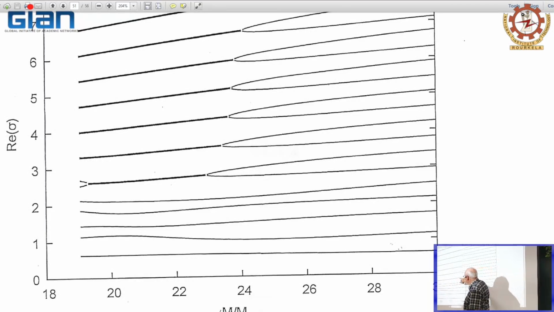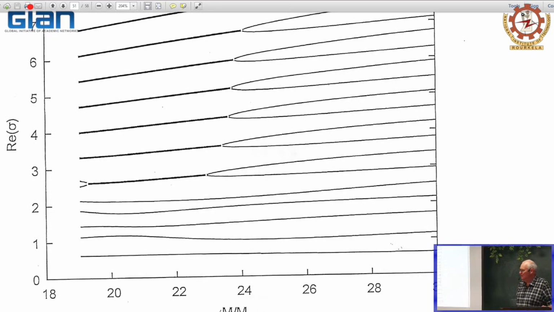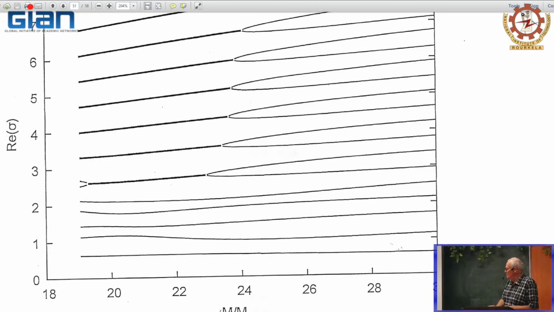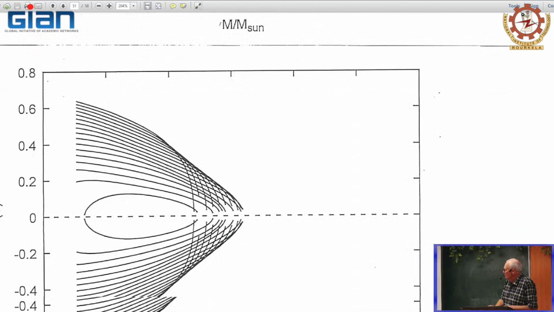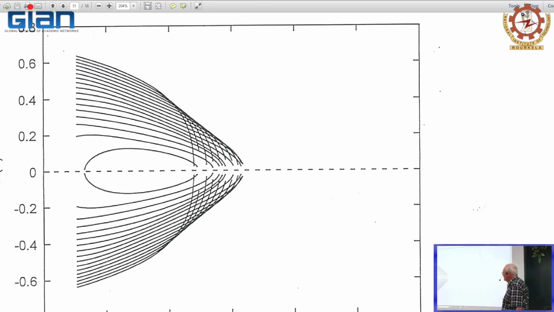Here we have a mode pairing and depairing, so this is an instability bubble which we find here. And here we do not see the left-hand side of the instability bubble. So we get mode pairings which lead to a pair of complex conjugate modes and thus to a strange mode instability. To complete this diagram, these are the imaginary parts. You see we have complex conjugate pairs of modes.